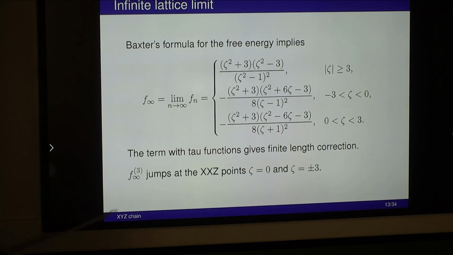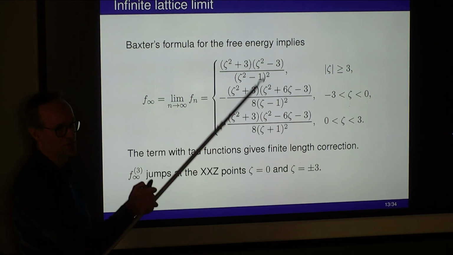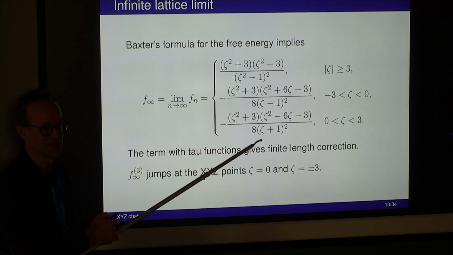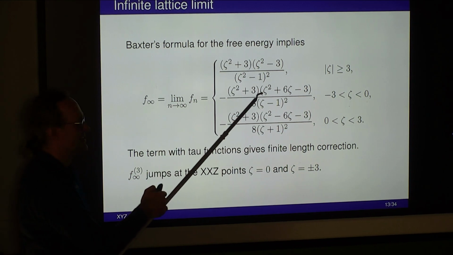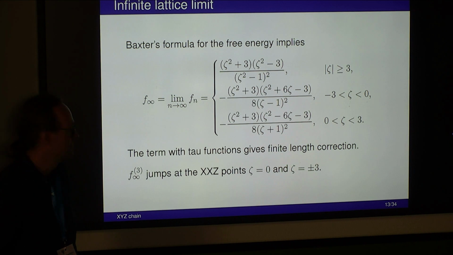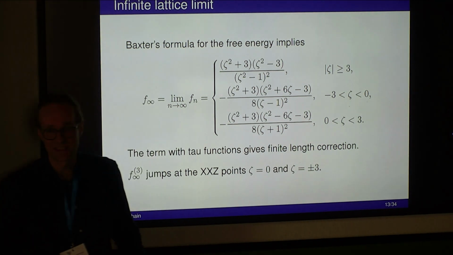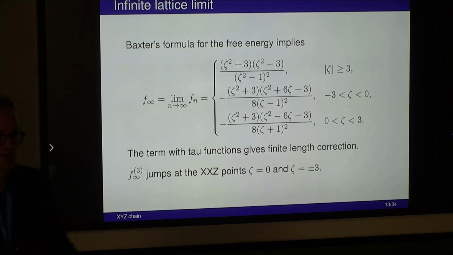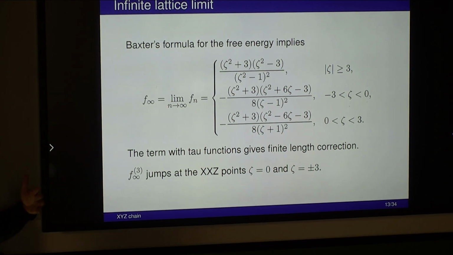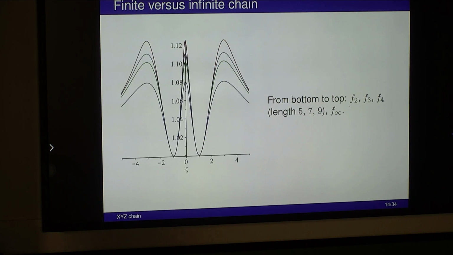And if you're interested, this thing has a kind of third order phase transition. So the third derivative of this function jumps at the points 0, 3, and -3, which are exactly the XXZ points, the 3 points where you degenerate to the XXZ spin chain. And I made a picture of this.